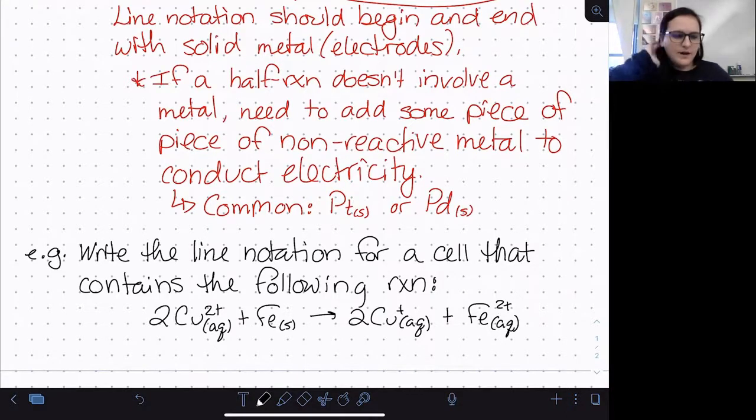We'll say that all of our concentrations are standard for this one, so we won't worry about that. But what you will need to do is identify the reaction happening at the anode and the reaction happening at the cathode, in order to write your line notation. So pause here, take a moment and do that now.